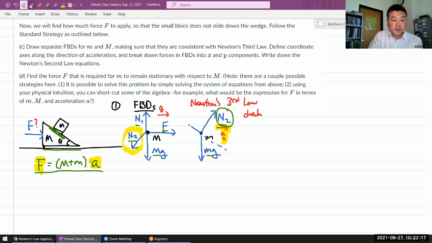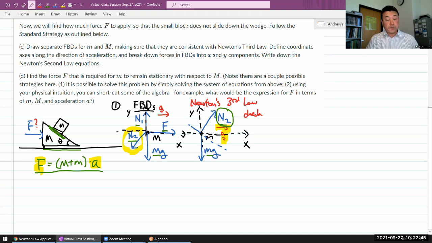Horizontal acceleration means that you want to choose horizontal as your x direction. So surprisingly, to many people who might not have seen this question before, here you want to choose a straight axis so that your x-axis is along the direction of acceleration. And I guess for the ramp, it's not all that surprising that you'd also choose a straight axis.